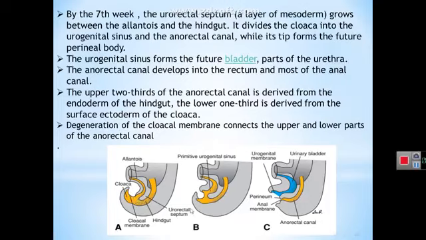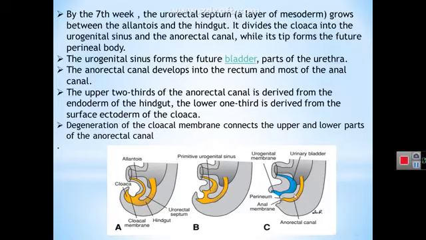At the end of the 7th month, the cloacal membrane ruptures, creating the anal opening for the hindgut and the ventral opening for the urogenital sinus. Between the two, the tip of the urorectal septum forms the perineal body. This is the perineal body.